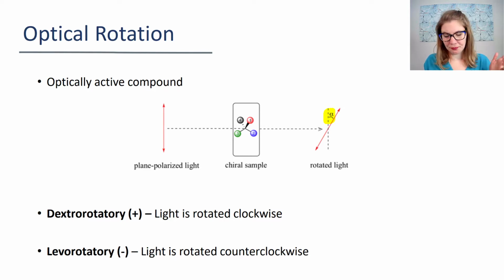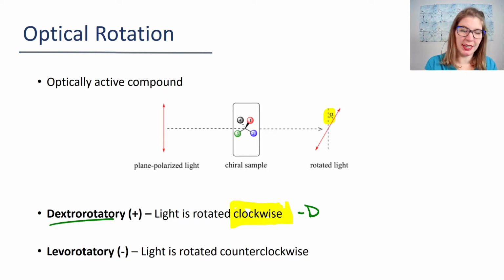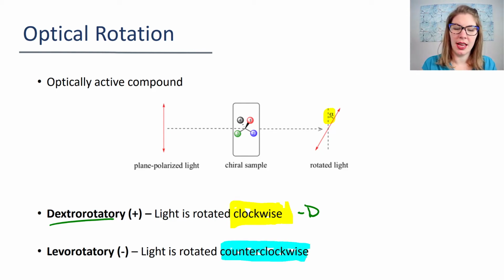If the light is rotated clockwise, we put a plus symbol to that, and we use the symbol of D because this Latin word is too long. And if the light is rotated counterclockwise, then that is considered a negative direction, and we use the abbreviation of L because, again, laboratory is a lot to say.